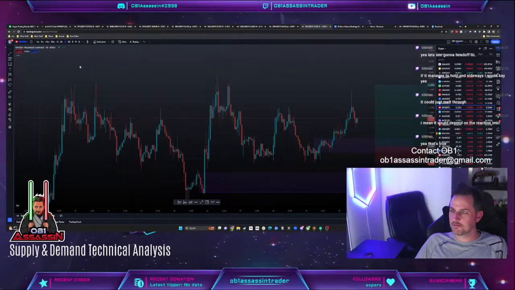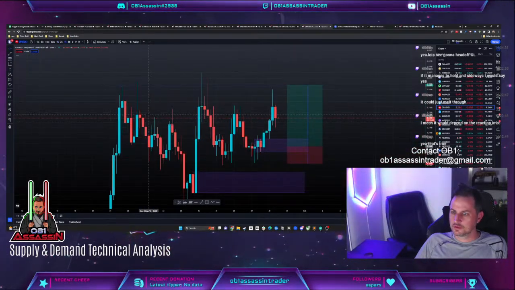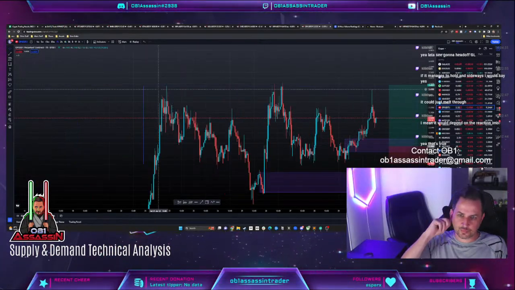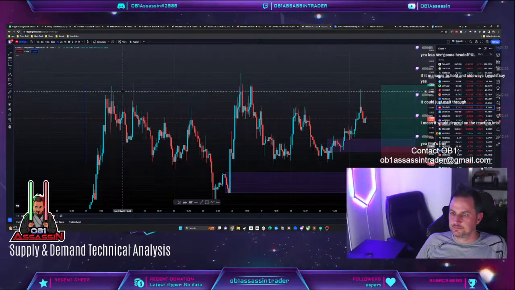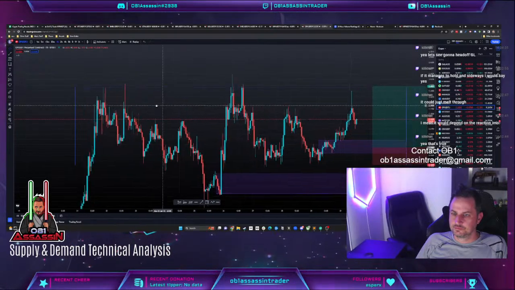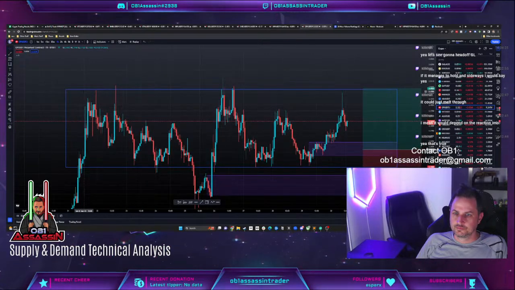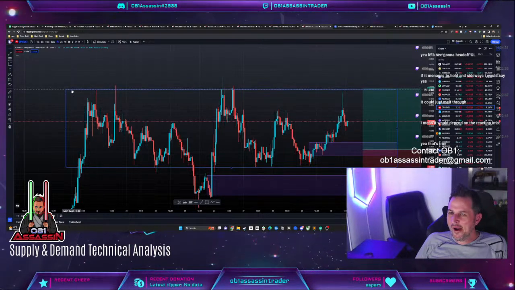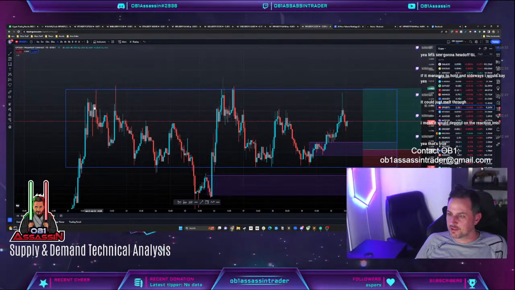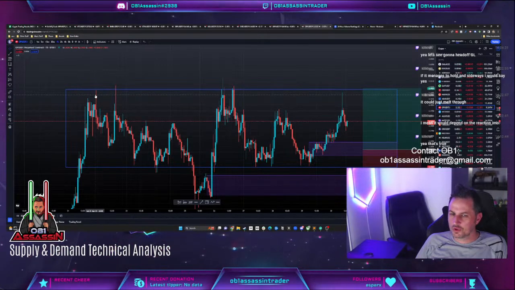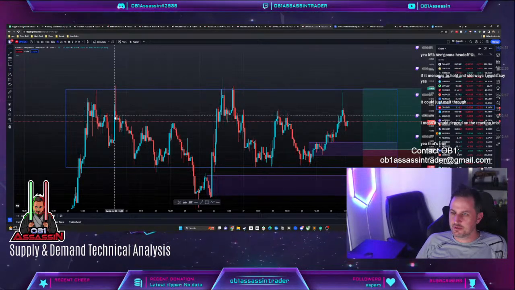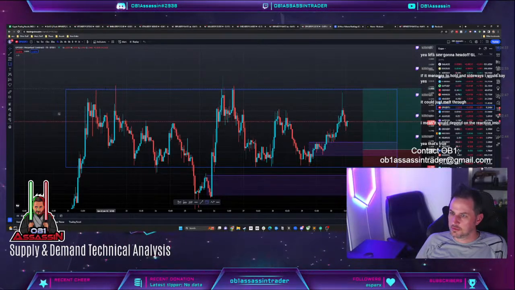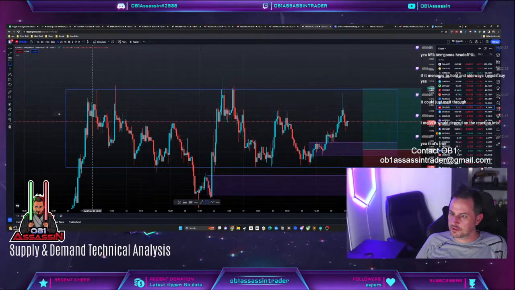I didn't really see that many 4-hour order blocks at the top end, but at the bottom end, broken structure a couple of times. Really long candles in OPU. I don't see many places you could have taken great shorts from. I mean, it's tough.